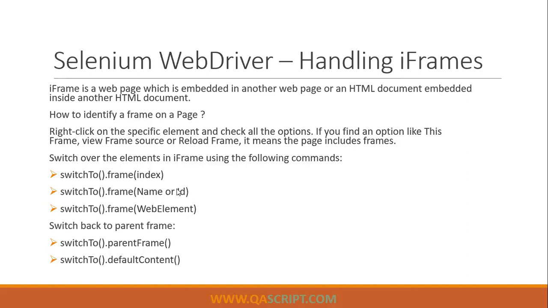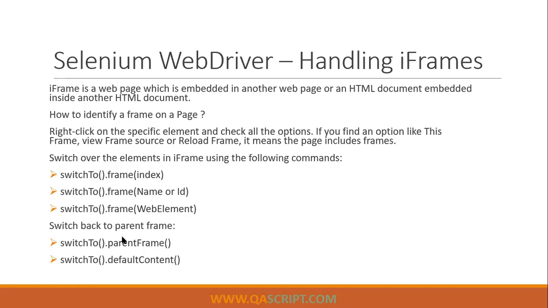If you have a name and ID present for the iframe, you can use that to switch to that particular frame. And if you are able to identify it using some identifier, you can also create a web element for that, and use it to switch to that frame. Once you are able to switch to an iframe, you can perform operations inside it, like clicking on a button or a link or entering some text.